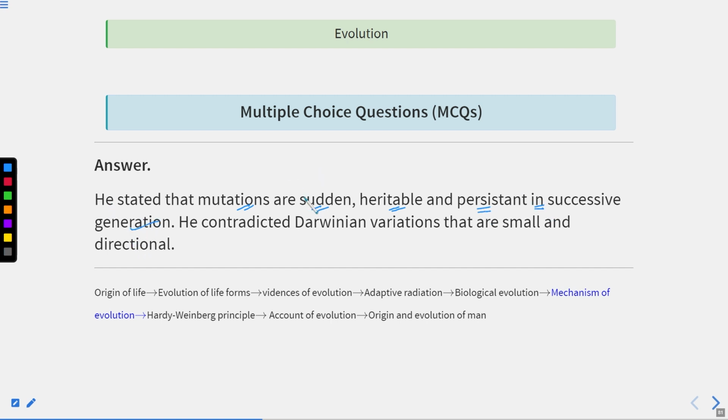And he contradicted Darwinian variation. He said Darwinian variations are small and directional. Hugo de Vries said he doesn't believe in Darwinian variations. He said new species or new variations arise due to mutations which are sudden, heritable, and persistent in successive generations.